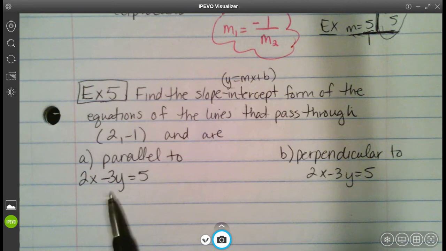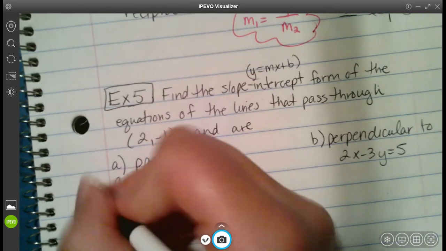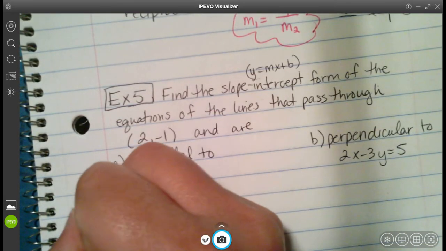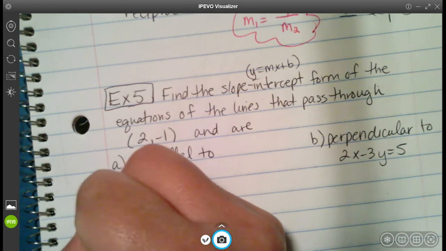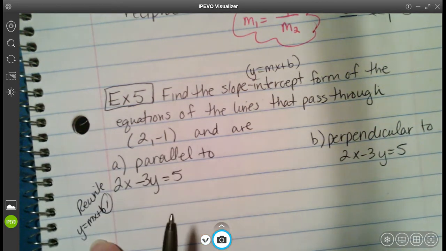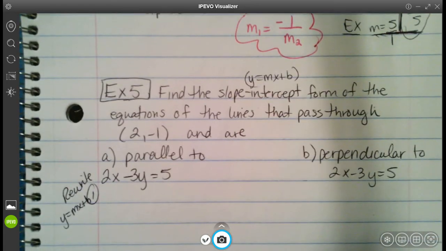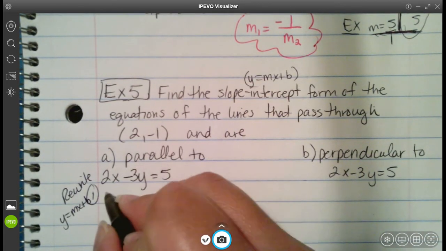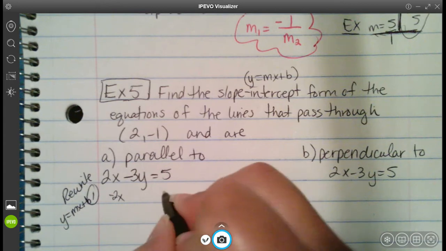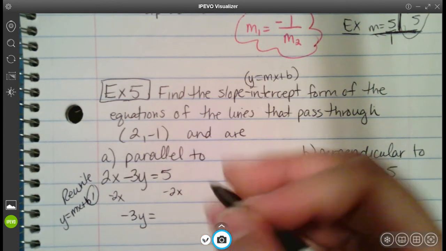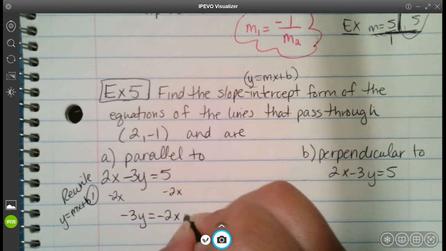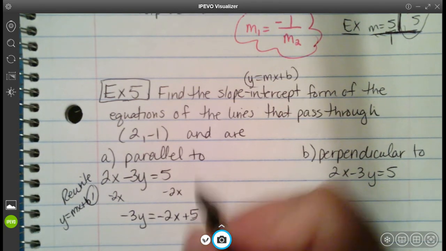So I'm going to go ahead and rewrite this first, okay? So first, we're going to rewrite it as y equals mx plus b, which is our slope-intercept form, okay? So in this example, if I subtract 2x from both sides, I would get -3y equals -2x plus 5.